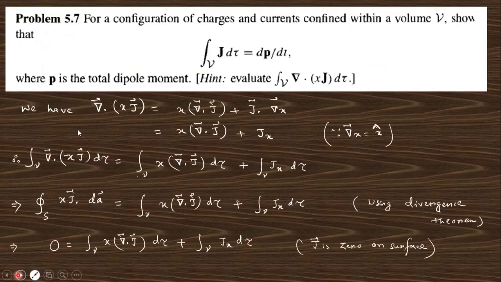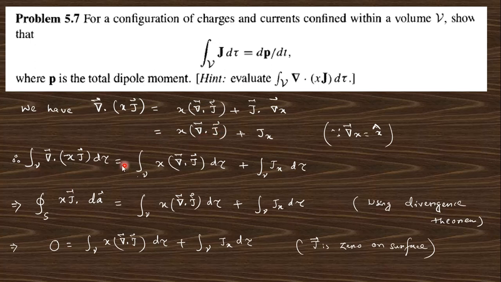Next one, for a configuration of charge and current confined within a volume V, this will be equal to the integral of J d tau equals dp by dt, where p is the total dipole moment. So we can take this divergence, that is, x j cap. Using this vector identity we get this one, and this is nothing but x cap dot J equals Jx, the component of J along the x axis.